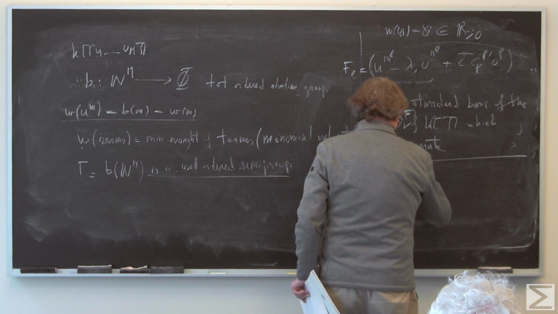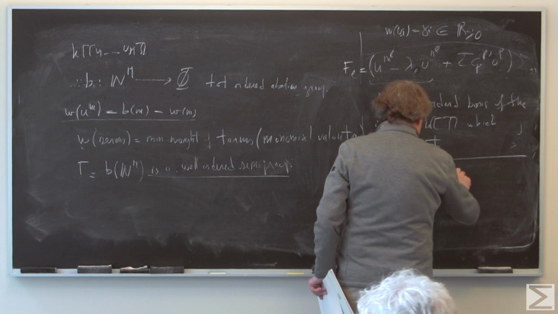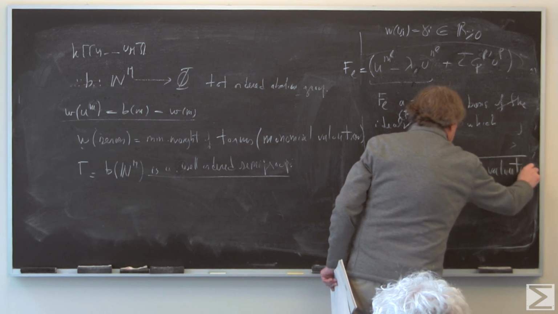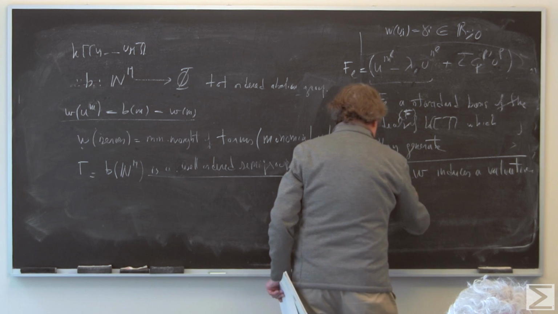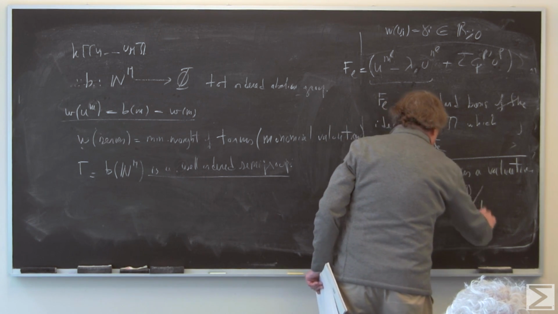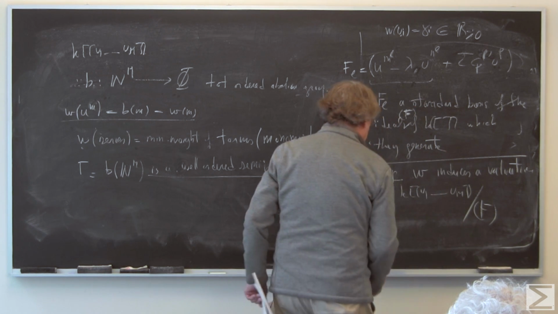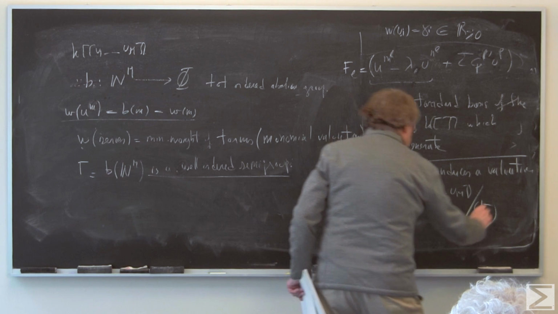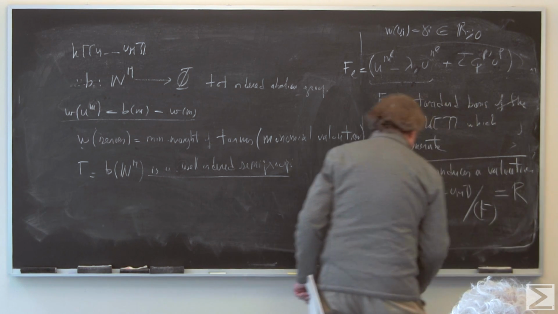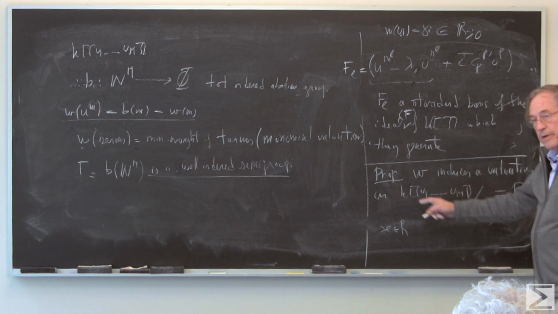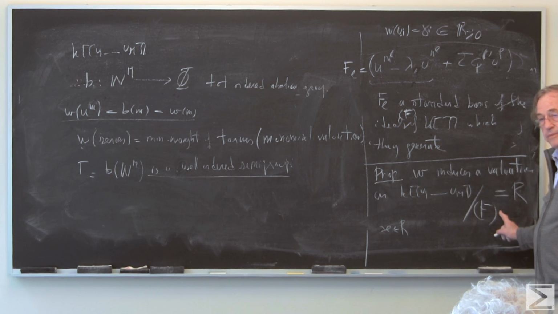The proposition is the following: the weight W induces a valuation on the quotient divided by F as follows. Take any element in the quotient. Let's call this guy R. Take X in R. Look at all the elements in the power series ring which have X as an image.